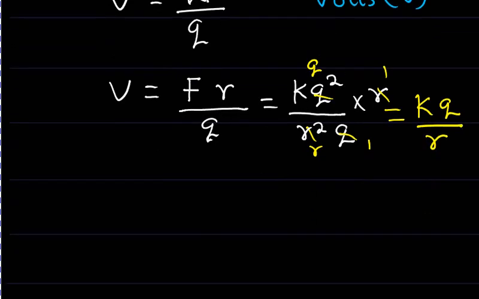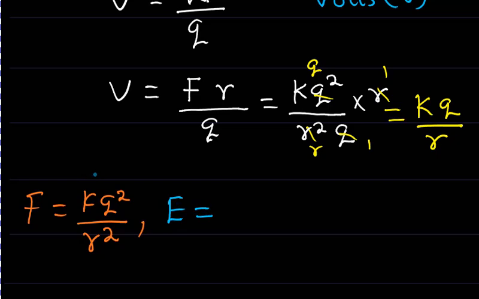Now let's establish an important pattern that will help you remember the three formulas we have treated so far in these lectures. First, we started with electric force. The formula for electric force is KQ squared all over R squared, that is Q1 Q2, and if the two charges are the same, Q squared. Then we move on to electric field.